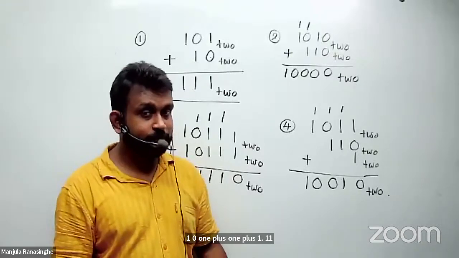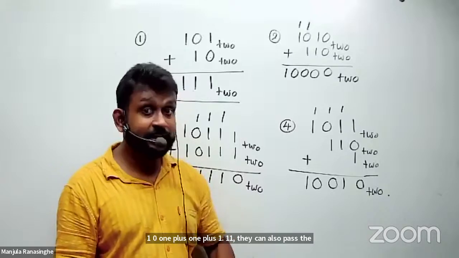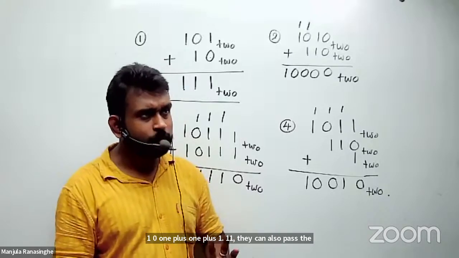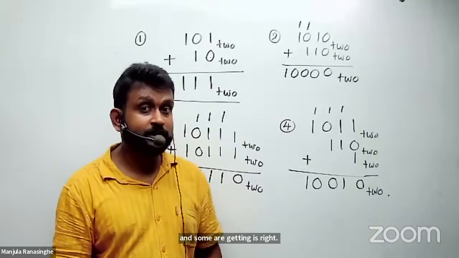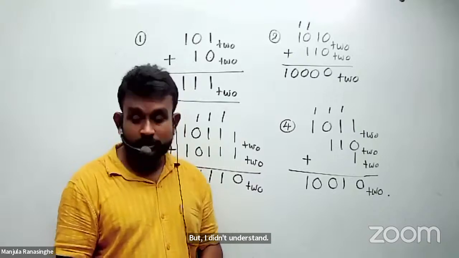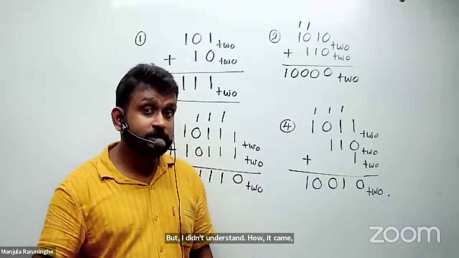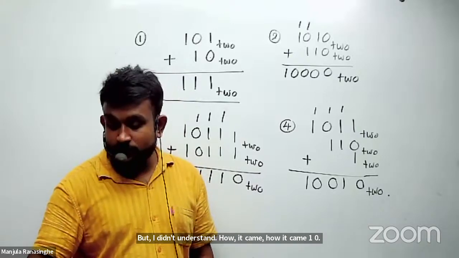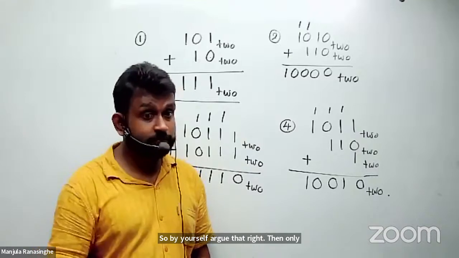They can also pass the exam and some are getting A's. But identify and understand how it came 11, how it came 1, 0. So argue that by yourself. Then only you can feel the mathematics.